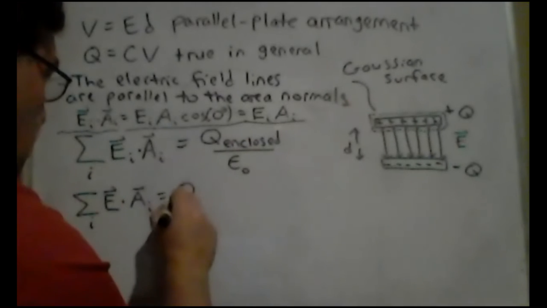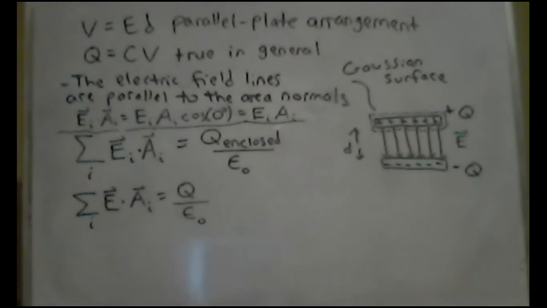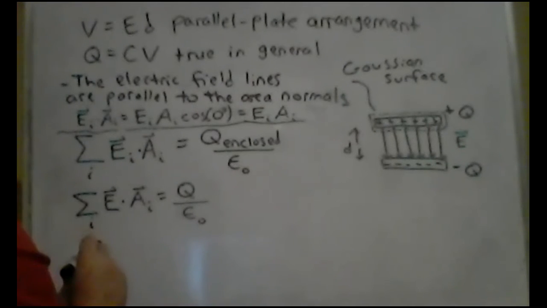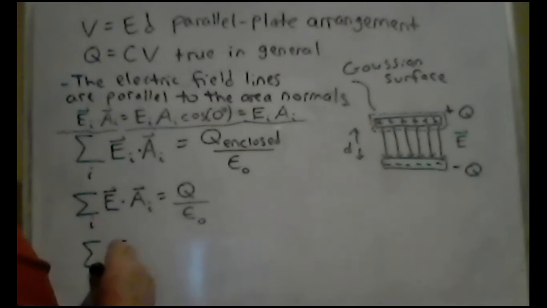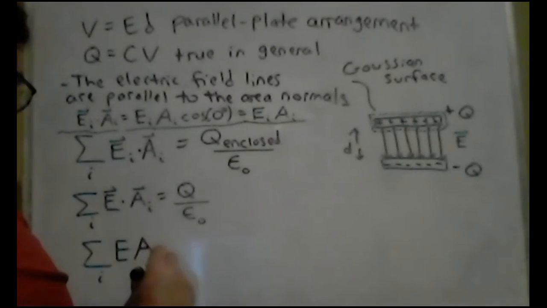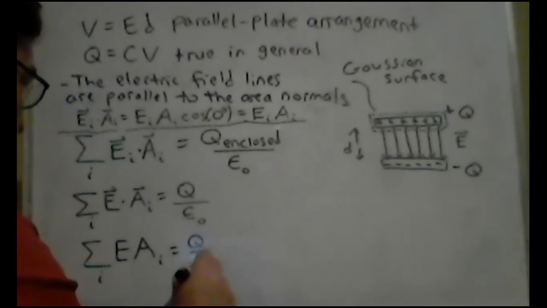And what's Q enclosed? That's just Q, the charge on the upper plate, over epsilon naught. And from what I just said, I can write this as the summation over i of the magnitude of E times the magnitude of A sub i equals Q enclosed over epsilon naught.